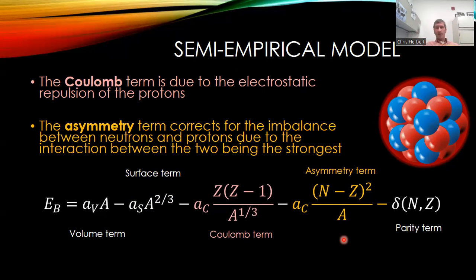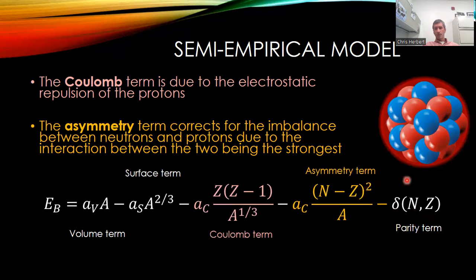And as I do so, the highest energy neutrons or the highest energy protons are going to have the least amount of binding energy. They're going to have really the greatest chance of being removed from the nucleus if there's some type of interaction that takes place. There's also a parity term.